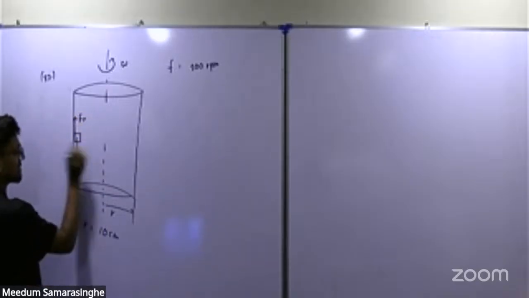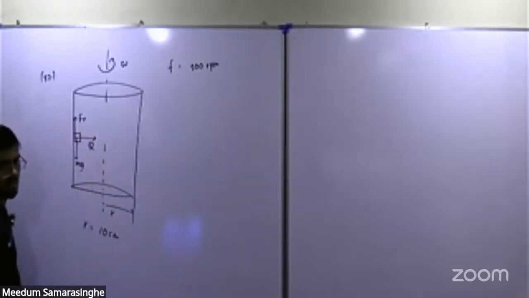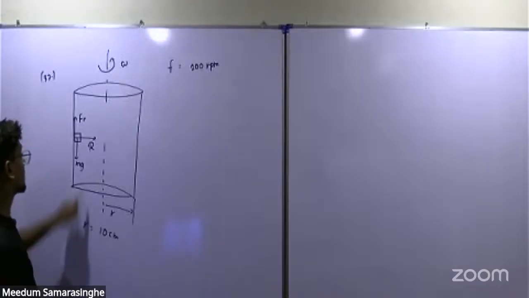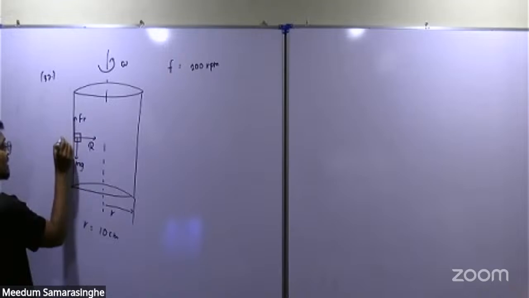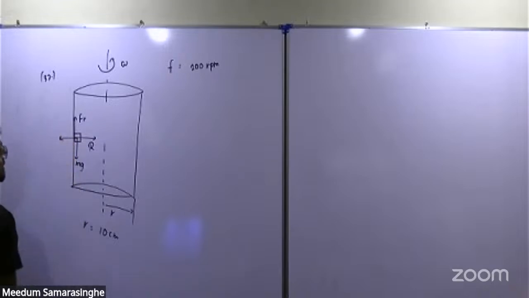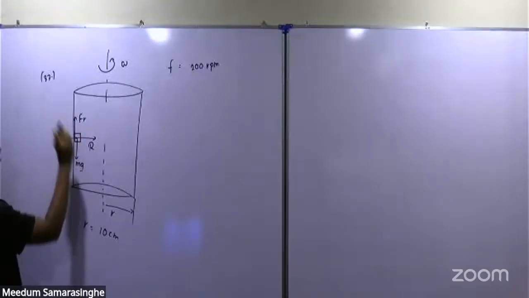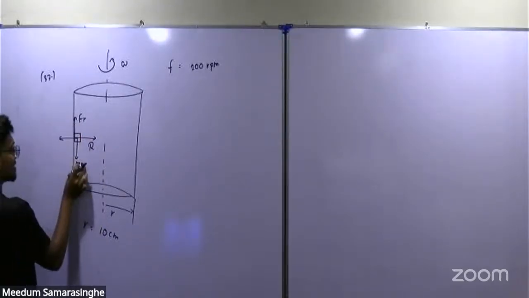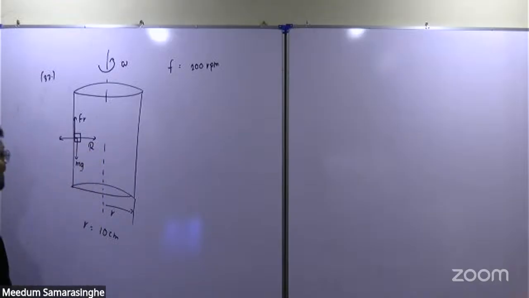And since this one is traveling in a circular path, you have the centripetal force, which is given by the normal reaction. And with respect to the cylinder, you can apply centrifugal force. Why? With respect to the cylinder, the object is at equilibrium. To cancel weight, you have friction. To cancel normal reaction, you have to put another, hypothetical force, which is known as the centrifugal force.